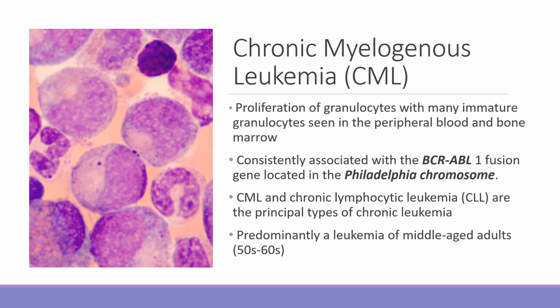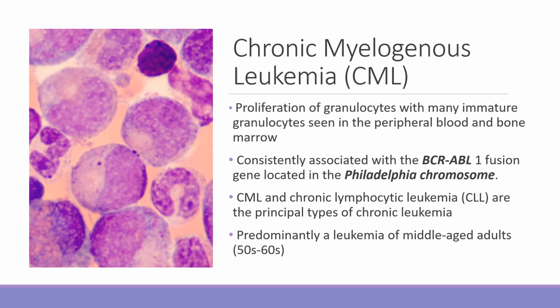This particular condition, CML, is associated with the BCR-ABL1 fusion gene located in the Philadelphia chromosome. CML and CLL are the principal types of chronic leukemia, which we did already discuss in our leukemia unit, and it is predominantly a leukemia of middle-aged adults.